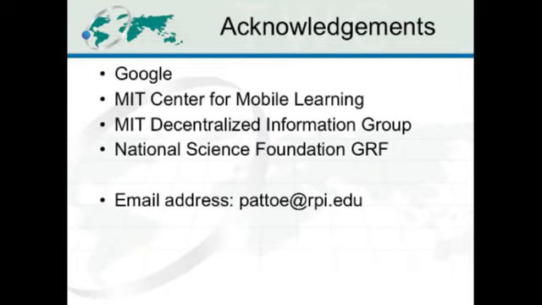Lalana's the PI on the project, and then it's Fu Ming and Ilaria in that group. I know Hal is also in DIG, but we've been doing it separately from the mobile learning group.